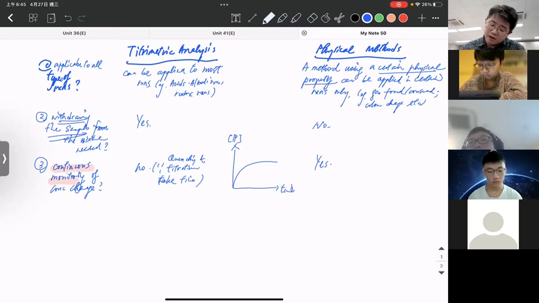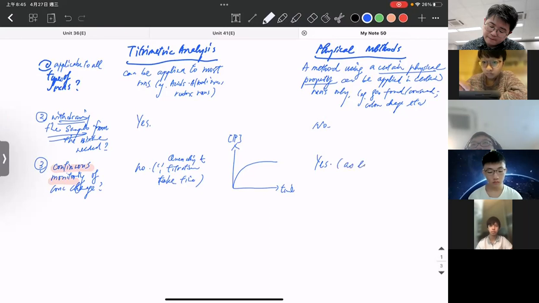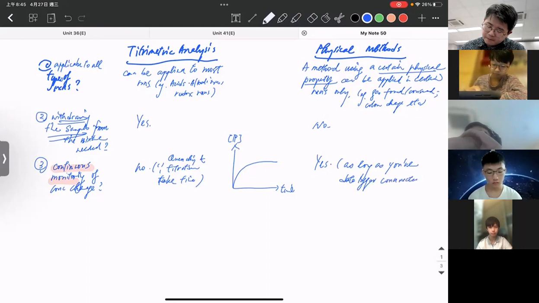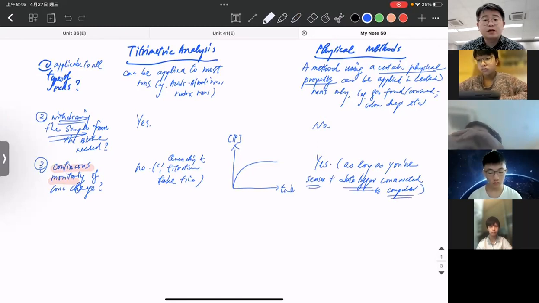But for the physical method, as long as you have a sensor and data logger connected to a computer, you may do continuous measurements, and a smooth curve will come.